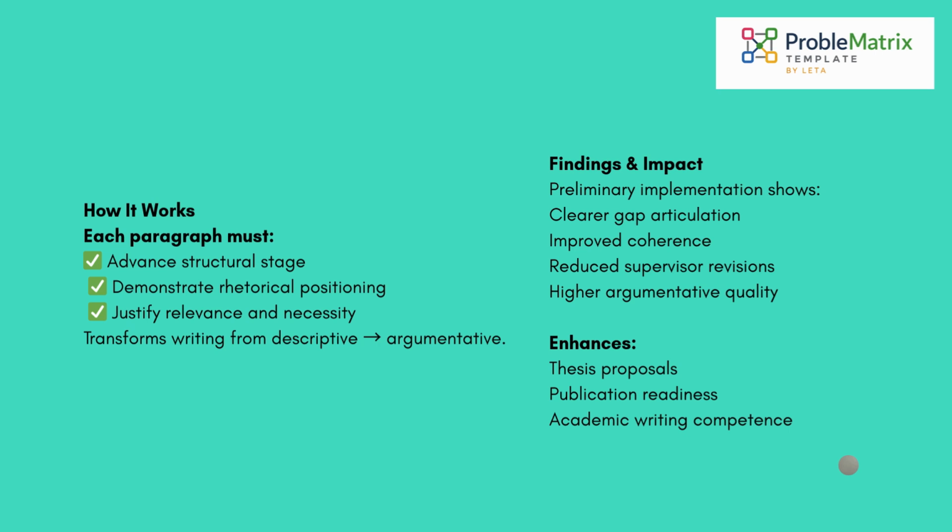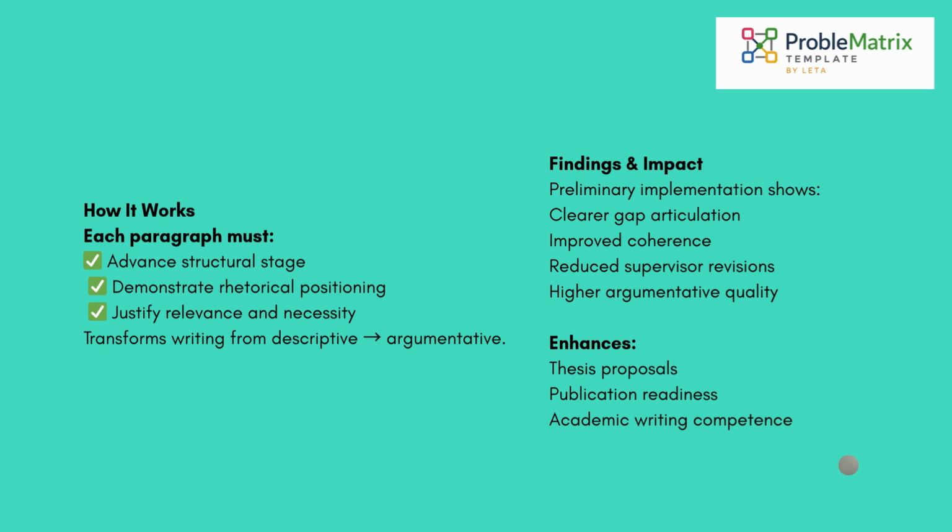Each paragraph that students write must do 3 things simultaneously. First, advance the structural stage. Second, demonstrate rhetorical positioning. Third, justify relevance and necessity. So students can't just describe, they must argue.